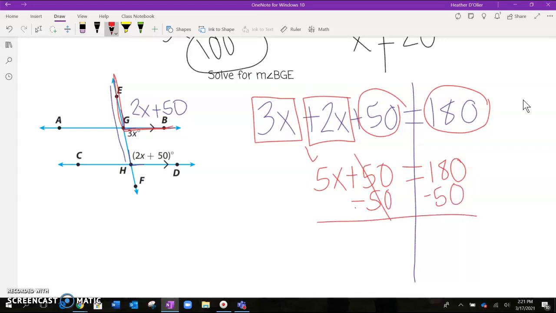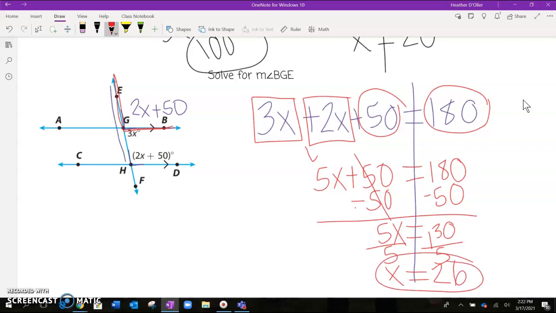That made 0. 5x equals 130. Divide by 5 because it's multiplication. And 130 divided by 5, I think it's 26, but let me double check. Yes, it is 26. Yay.